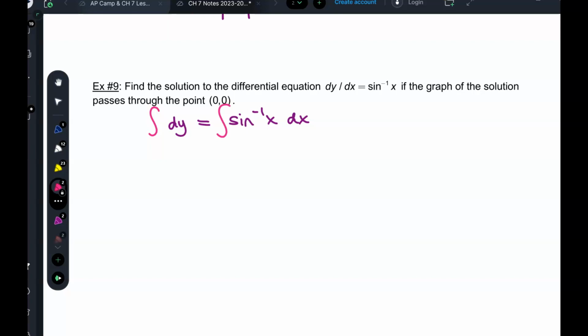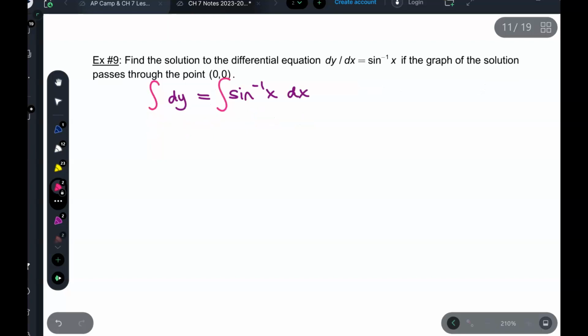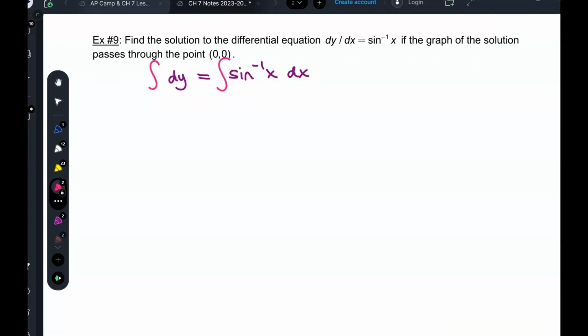We're going to do the same thing and use integration by parts. u is our inverse, and dv is dx.